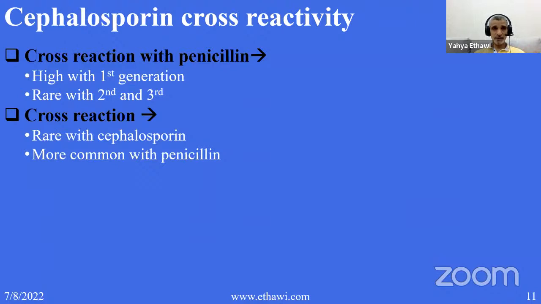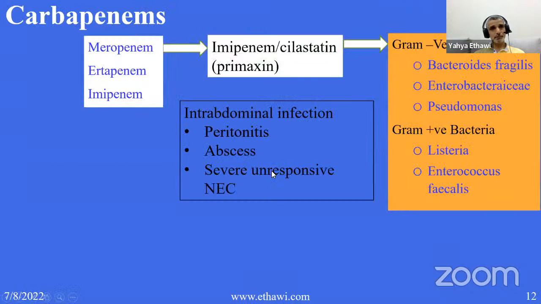The incidence gets lower and lower once you go to the higher generations. Though it is there, it is very rare with the cephalosporin and not as common as with penicillin.